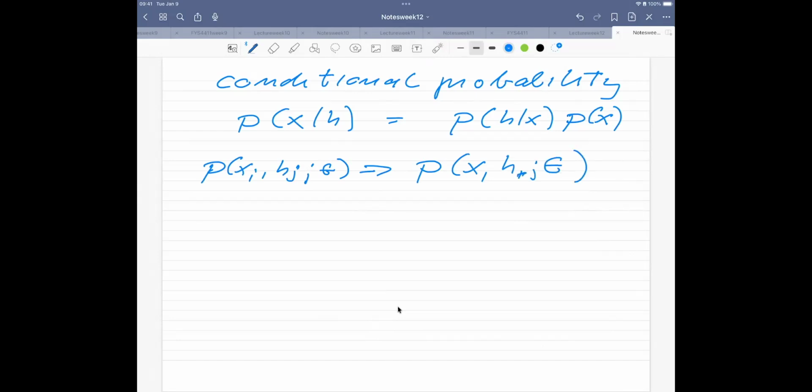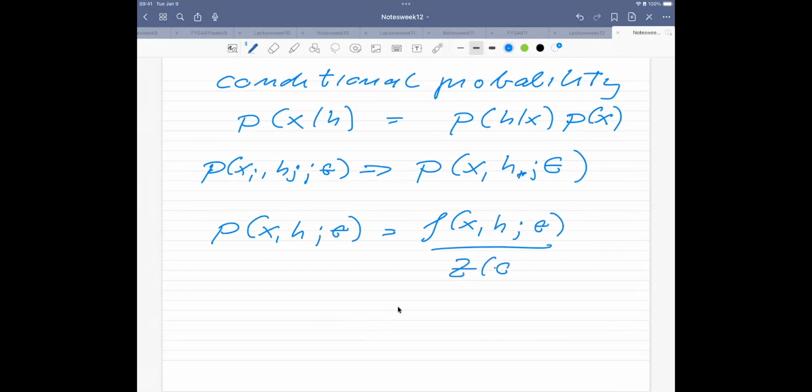You could think of these as vectors, so they contain many different types of variables. That means that this function p of x, h, theta is something which I will define as f of x, h, theta divided by z of theta. And z is independent of x and h because we have summed over all the degrees of freedom.